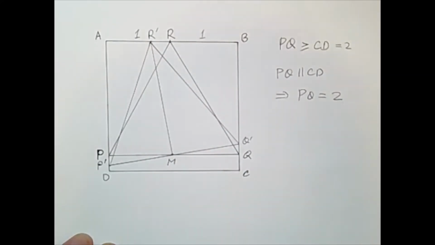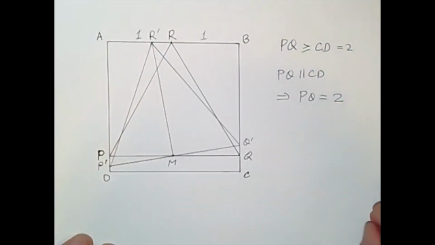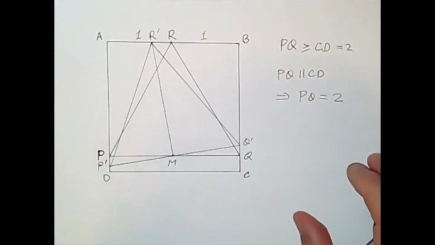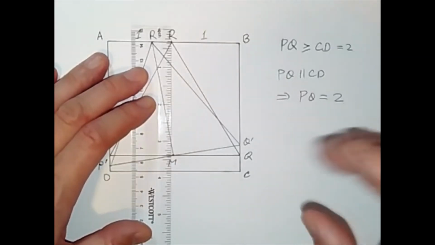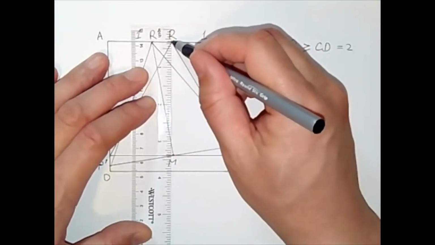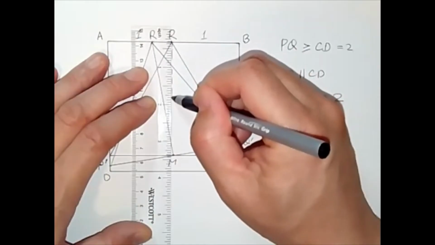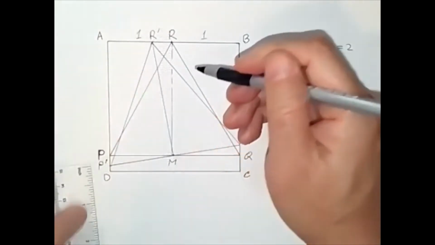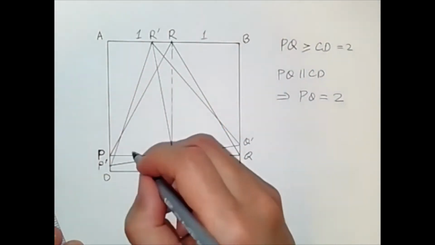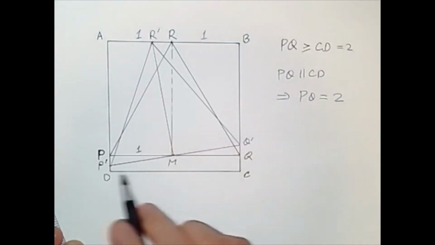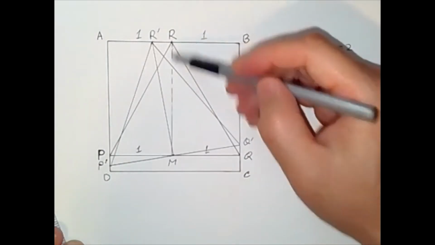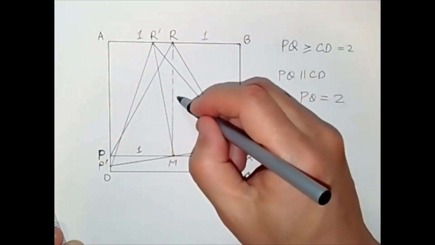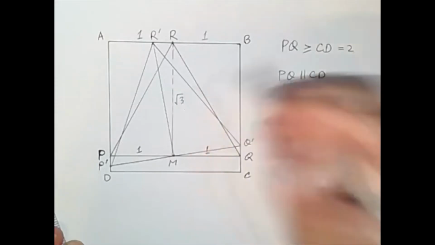Our goal is to prove that it is also an equilateral triangle. To prove that, let me connect M with R. By the construction, we know PM is 1, QM is also 1, and RM, the altitude, is square root of 3.